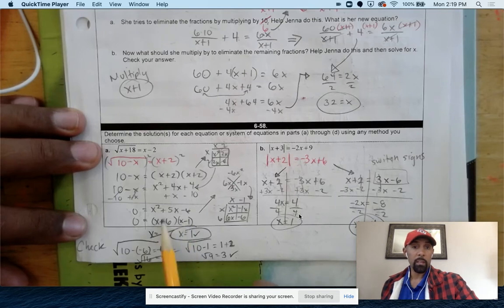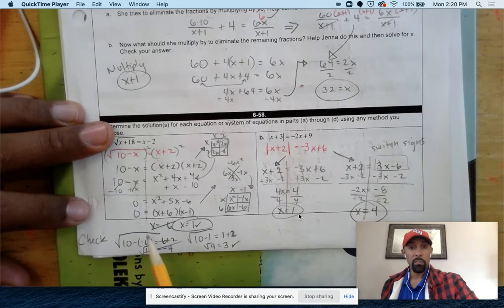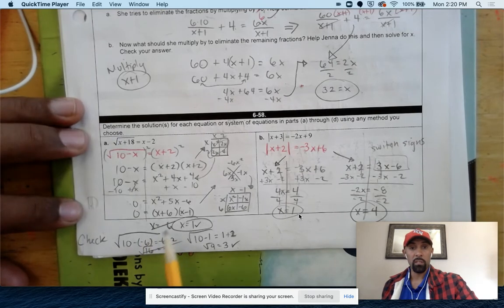And then once I get my solutions, the negative 6 and the positive 1, I need to plug them in to check them. That's the big step with this one: making sure you check for extraneous solutions. So here, when I plugged in negative 6, I got positive 16, the square root of 16. Here I got negative 6 plus 2, that's negative 4.